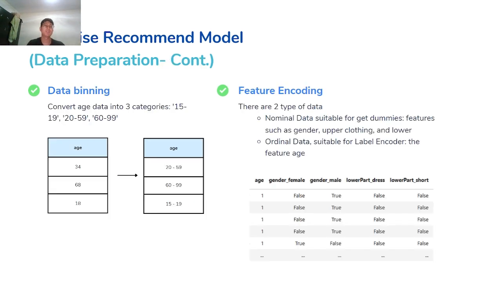And we do data binning to convert the integer age into categories. We have three categories: 15 to 19, 20 to 59, and 60 to 99. After that we encode the features of two types, nominal and ordinal.